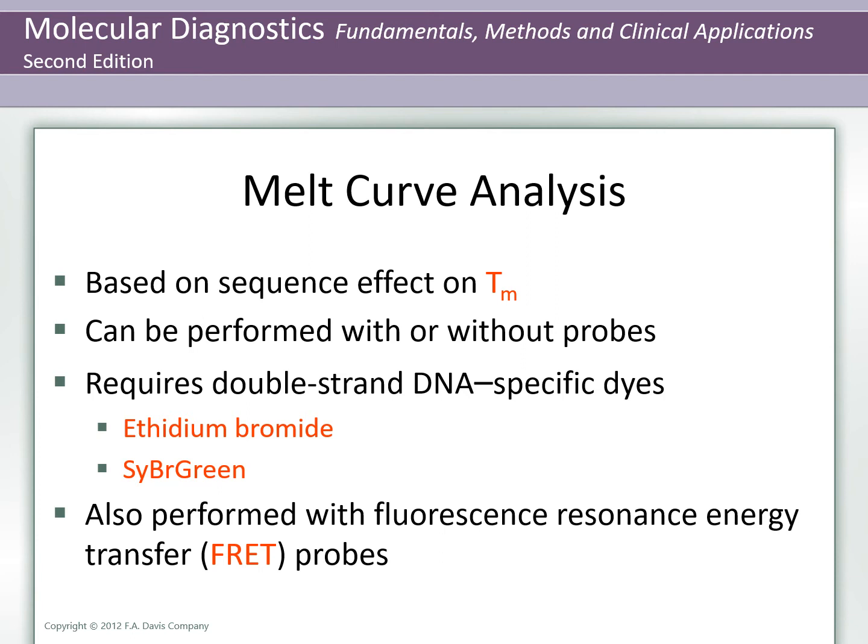Specificity of melt curve analysis can be increased by using high-resolution melt curve analysis, which uses fluorescence resonance energy transfer, or FRET probes, that hybridize next to one another across the sequence position being analyzed. The probes fluoresce only when bound to the target sequence because FRET fluorescence relies on the transfer of energy from a donor fluorescent molecule on one probe to an acceptor fluor on the other probe.